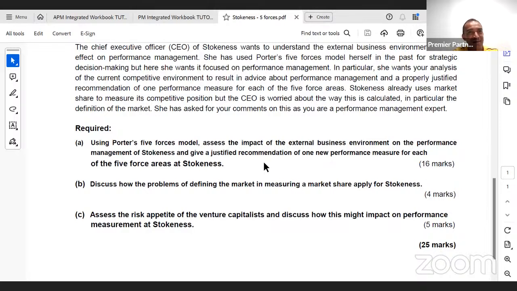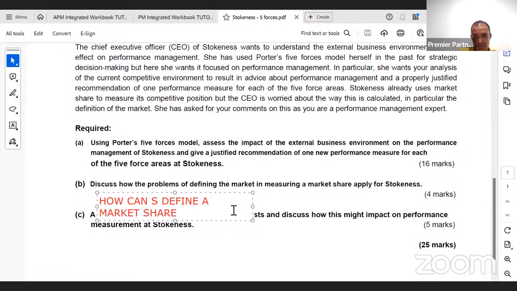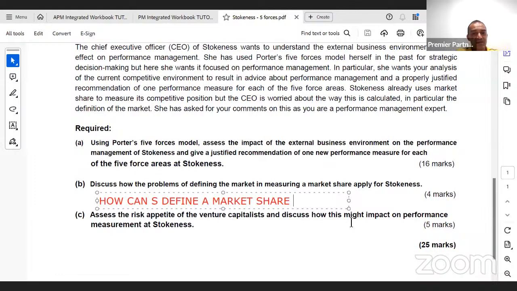Super question, right? It will take a bit of time for you to understand this. What they are asking is, okay, let me write it here. How can Stokeness define a market share? Is it only hydrogen fuel cell sellers?